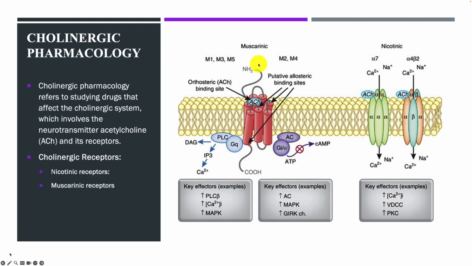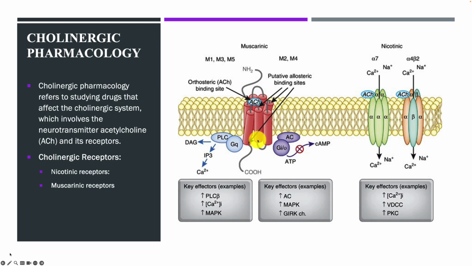So we know that this would be a muscarinic antagonist, where it's turning down the property of this receptor. And then you see the nicotinic receptor over here. Acetylcholine can bind to it, but this one is more ionic based. So we know that ions are going to pass through, particularly sodium, and it's going to increase the charge inside of the cell, and we're going to have an action potential, right?